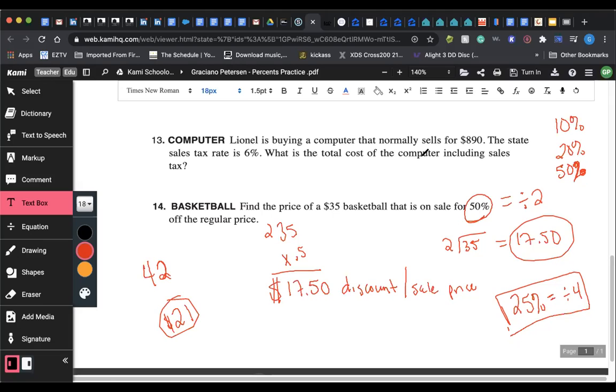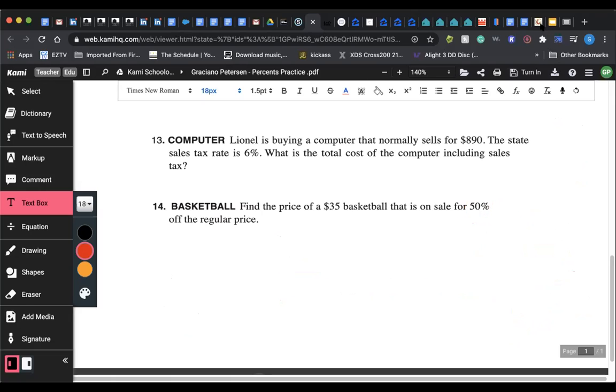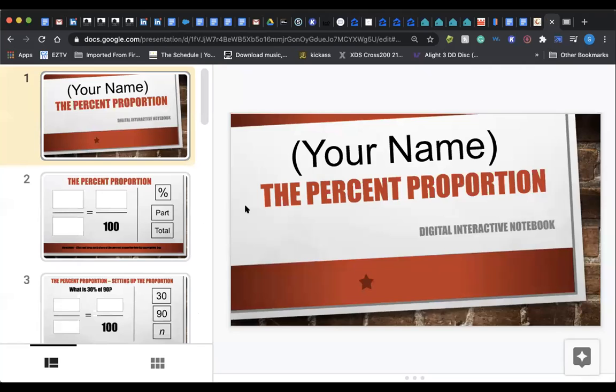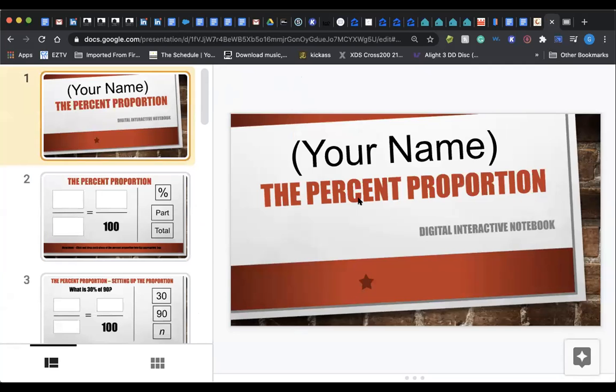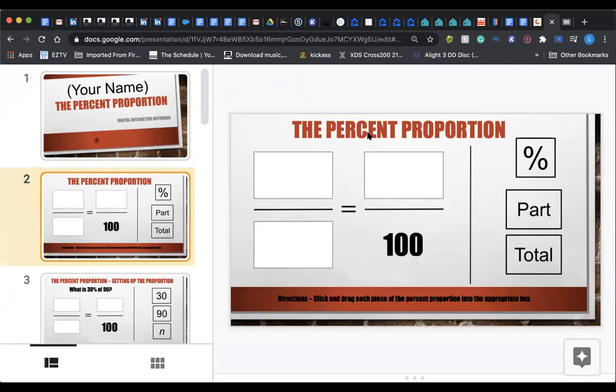This is what you have to do to get credit for class today. What we did as a class together, make sure it's turned in by 7 o'clock. For the rest of you, I'll let you know what you have to do later. Here's the activity that we're working on. It is proportions.